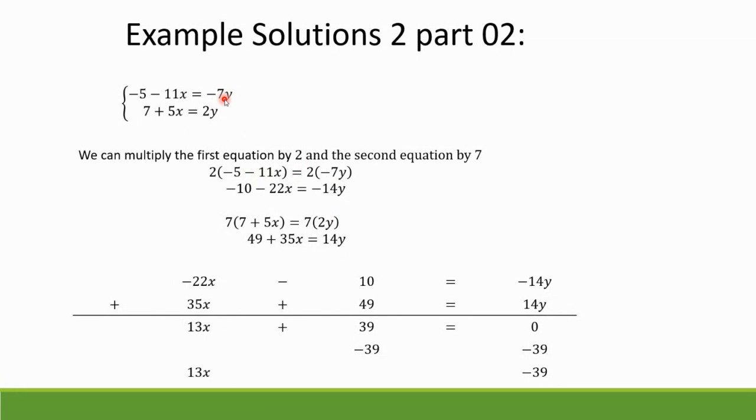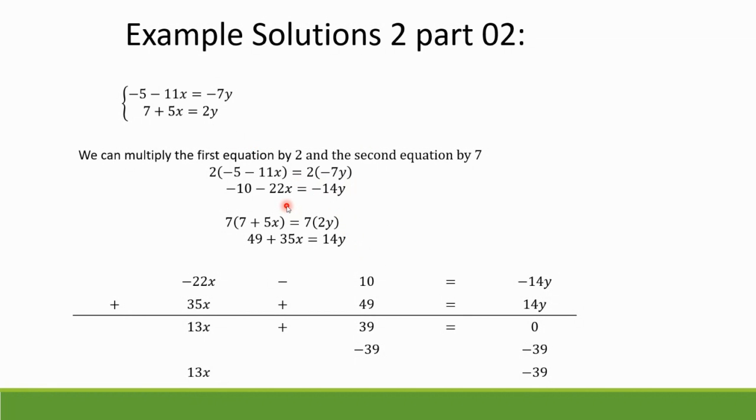So I multiply the first equation by 2, and the coefficient of y becomes negative 14. The coefficient in the second equation becomes 14y. Now, if we add the equations, those y's are going to cancel.